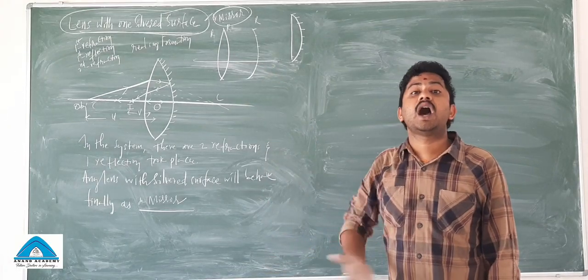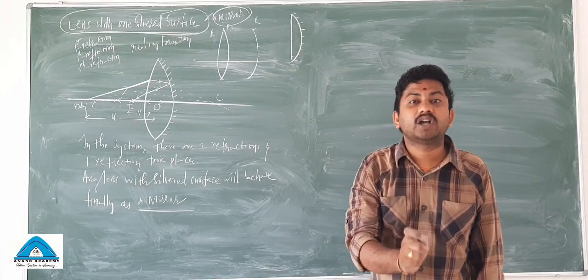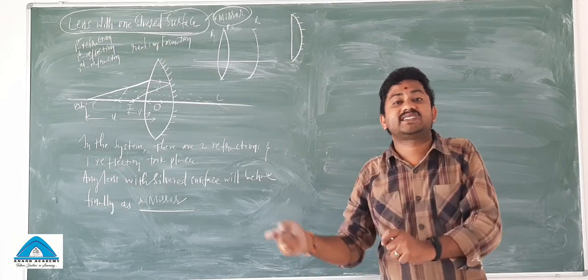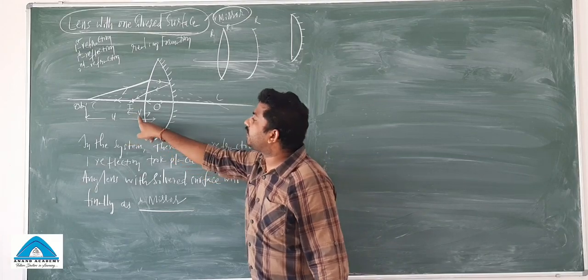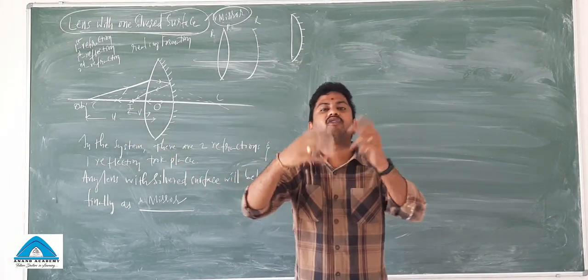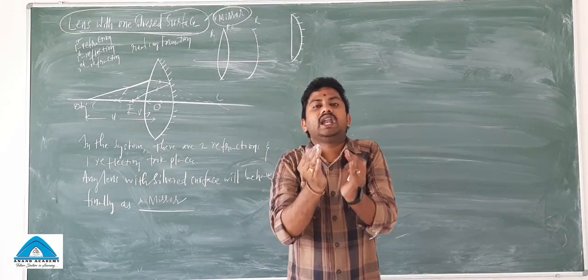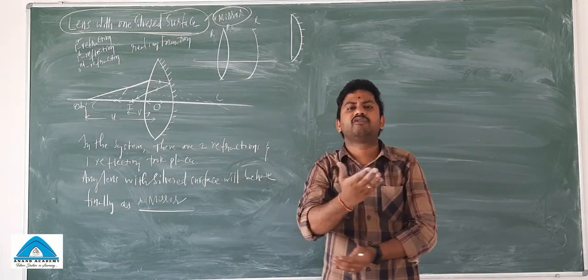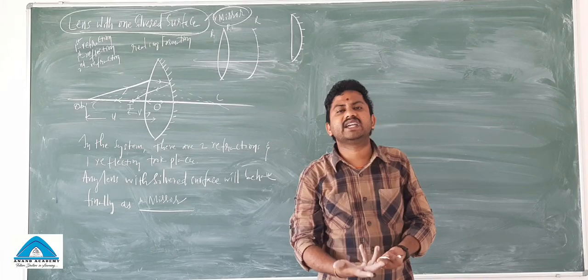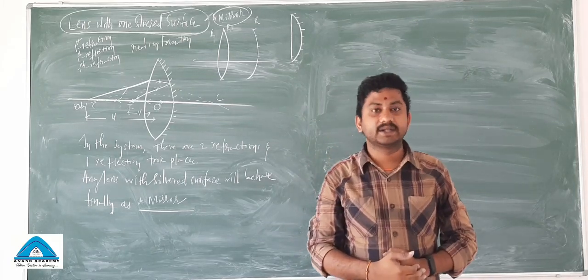Whose focal length? How will we be finding it out? Because in a numerical, when the question is like, by giving u value, by giving v value, they ask you to find the focal length of the system, focal length of this convex lens which is silvered on one surface, how will you find it? So there is a formula for that, right?